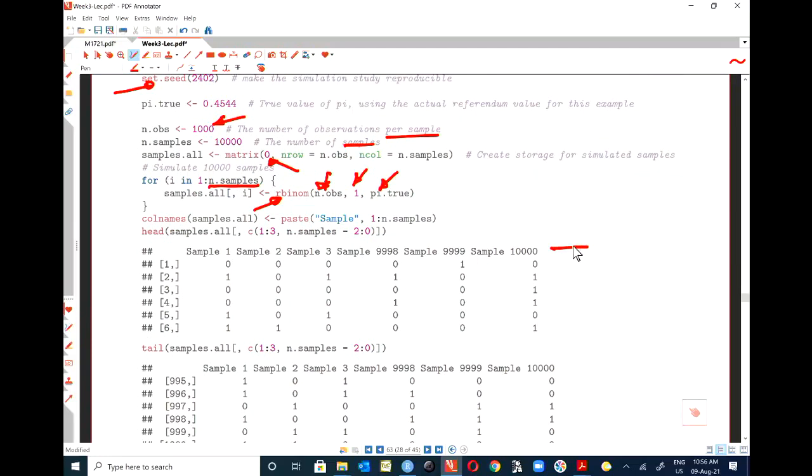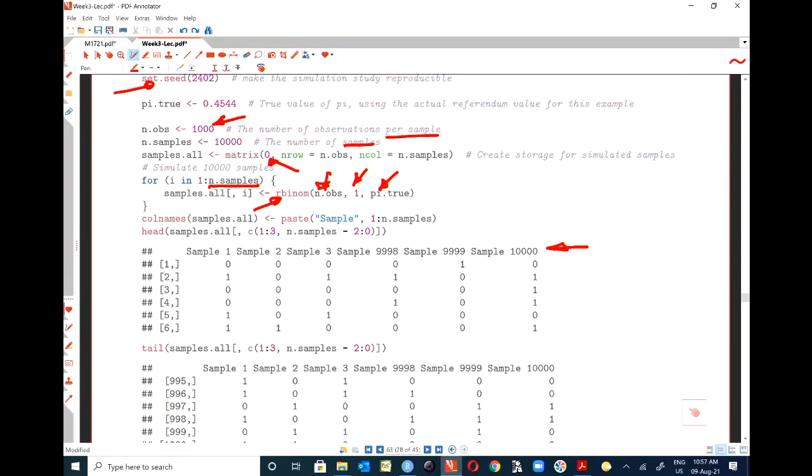Let me see. No, that's not the case. This is the other way. I've got the samples in columns.